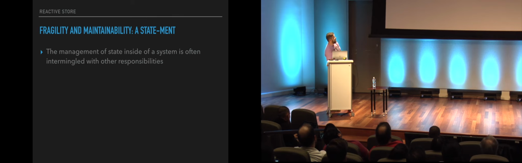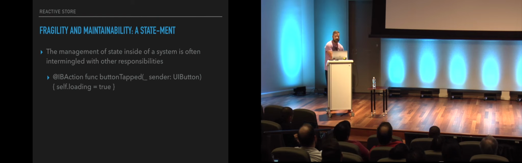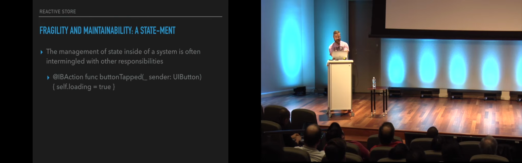The management of state inside of a system is often intermingled with other responsibilities, and that looks like regular iOS code that we all write. But what's actually happening under the hood is we're dealing with UI events here. We have that button tapped method, and then we're changing some state as well, and that's not locally reasonable.